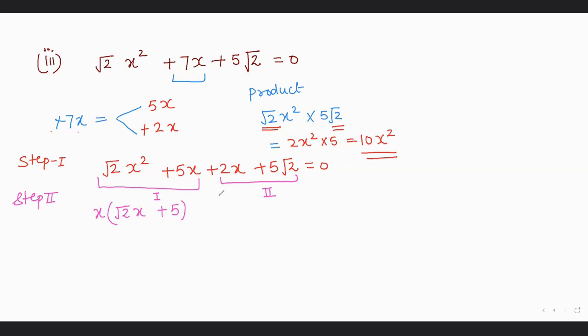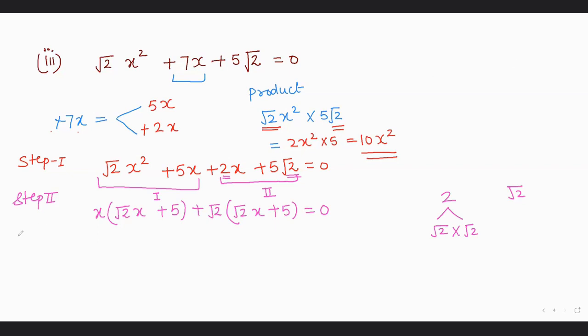And in the second part, we have 2 on this side and square root 2 on this side. We can always write 2 as square root 2 into square root 2. So now we can easily take the common between 2 and square root 2, that is square root 2. So what is left? The left part is square root 2x plus 5.